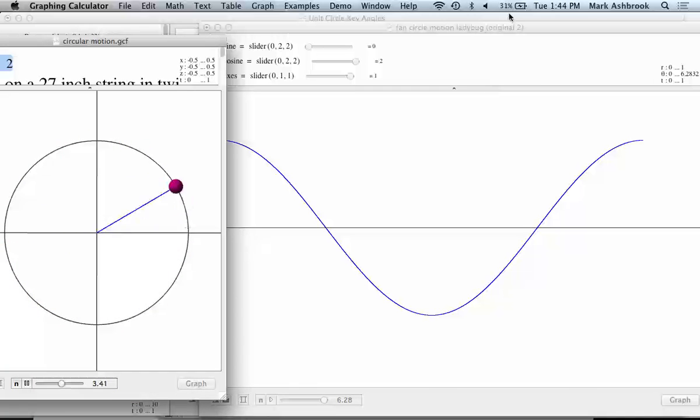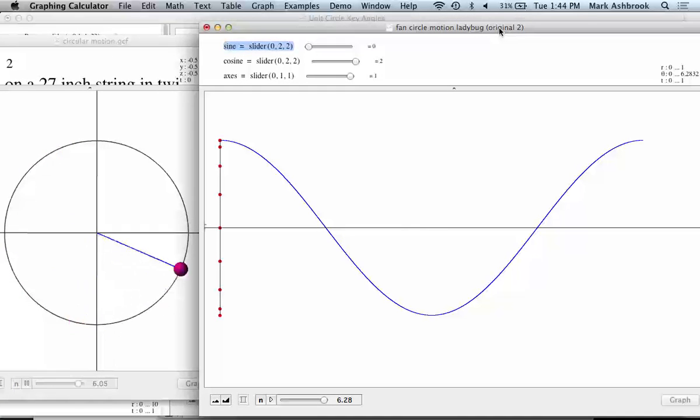So here's the scenario. We're twirling this ball around on a string.